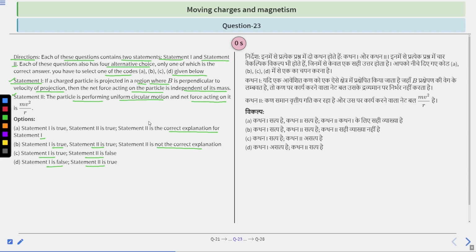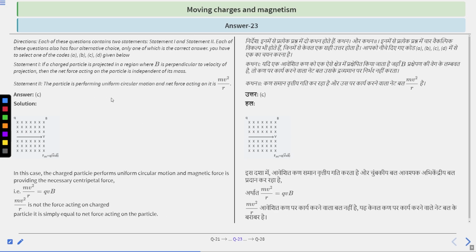Let's find the solution. So statement first is this: a charged particle is projected in a region where B is perpendicular to the velocity of projection, then the net force acting on the particle is independent of its mass. And statement second is, the particle is performing uniform circular motion and the net acting force is mv square by r. Clear?